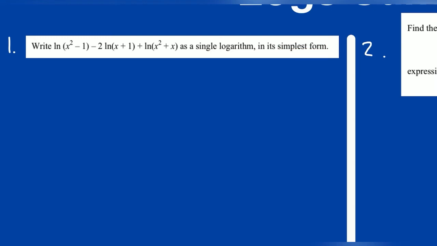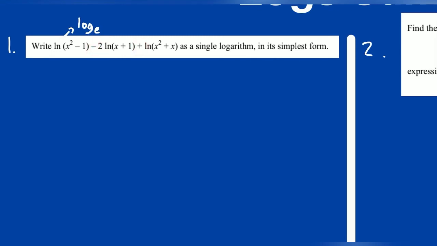Okay, so how I would approach this is, firstly, we all know that they all have the same base, because ln is just the same as log e. And since they're all ln, they all have the log e, and thus the base is the same. So this means we're allowed to use the rules for subtraction and addition.